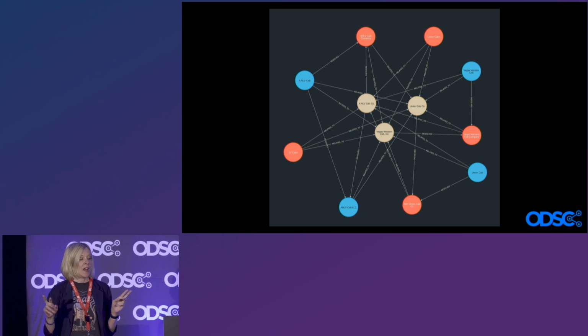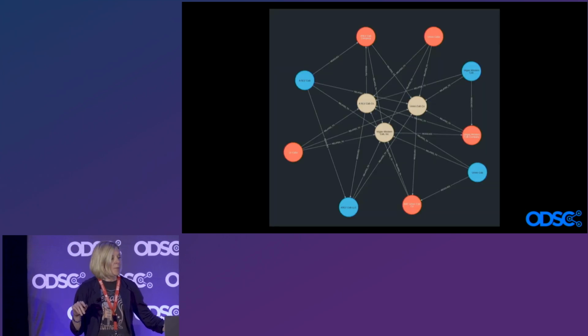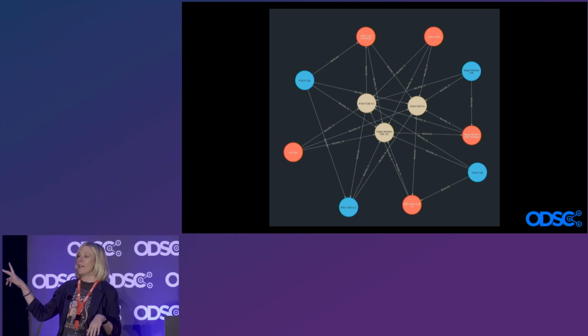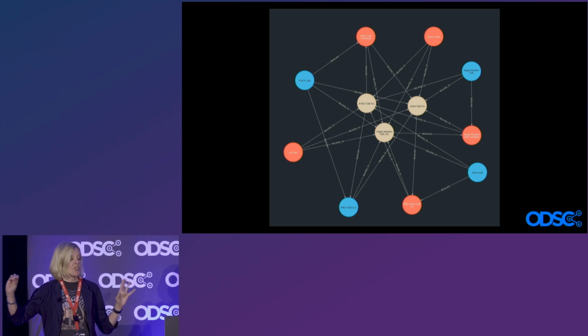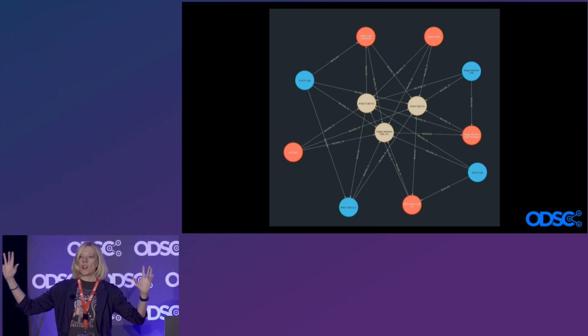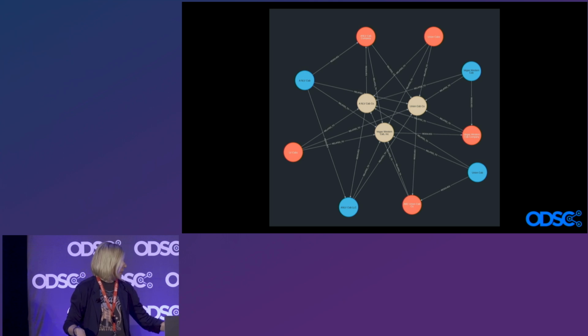And you can see blue is, I think, SafeGraph and DOL. Okay, so I've got SafeGraph entities, I've got Department of Labor entities, and they're all kind of resolving down into one of 3 companies that are probably the same company.